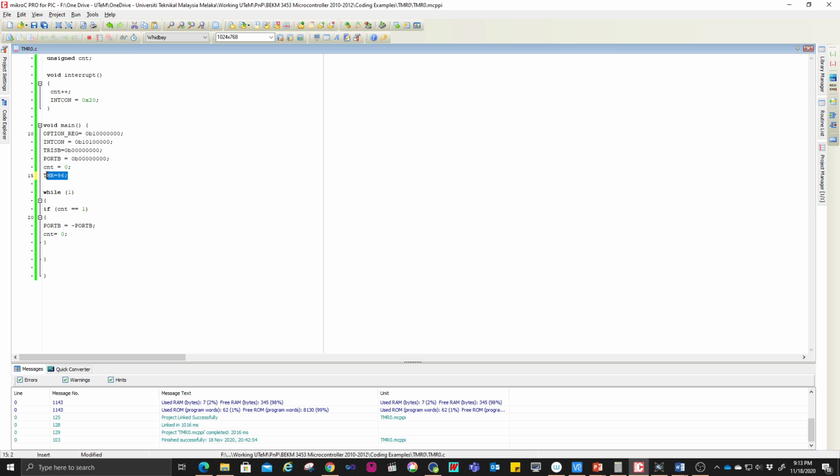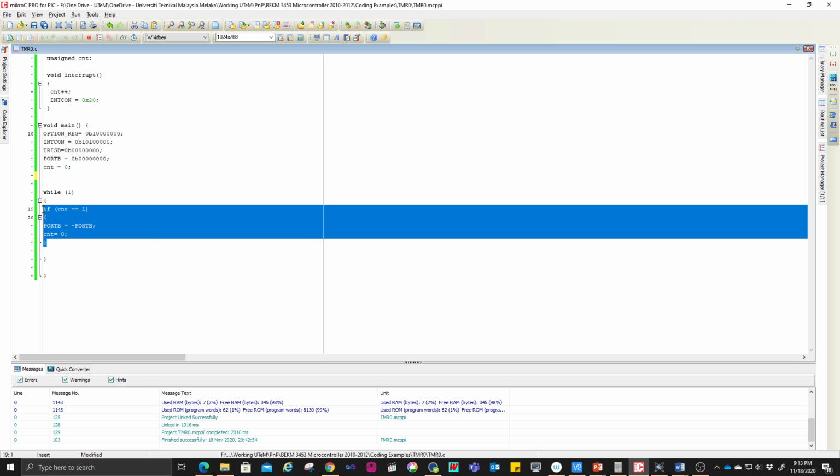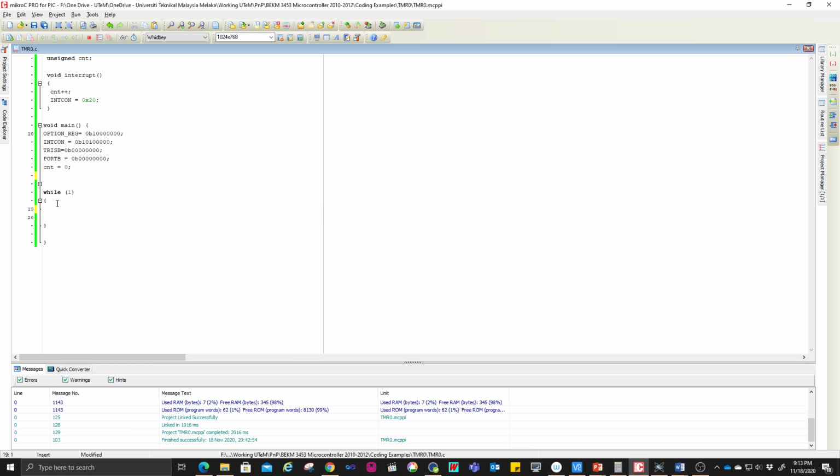Okay, so this one I'm going to remove first. Now this INTCON is telling us that timer 0 is the one we are going to use. So this is the loop, the one that is always infinite, because once it goes into while 1 here, it's going to loop all inside here.